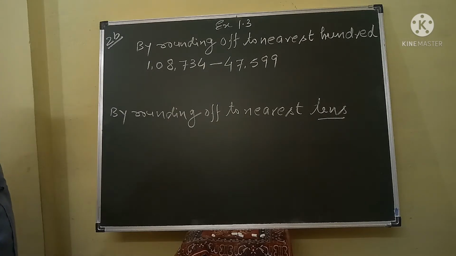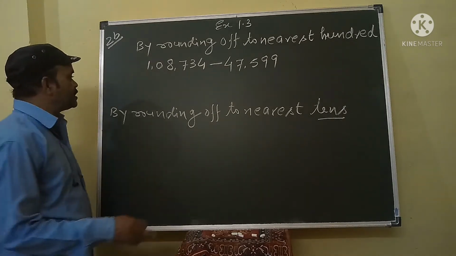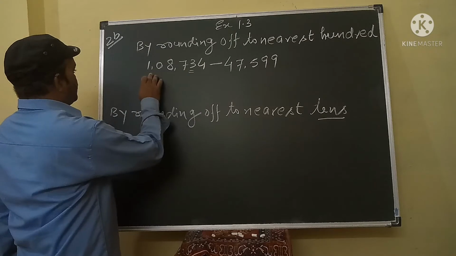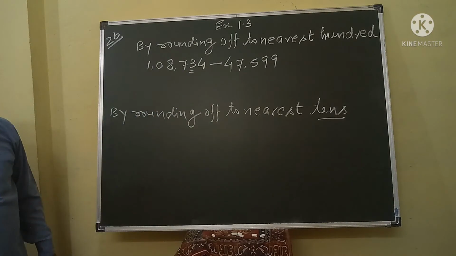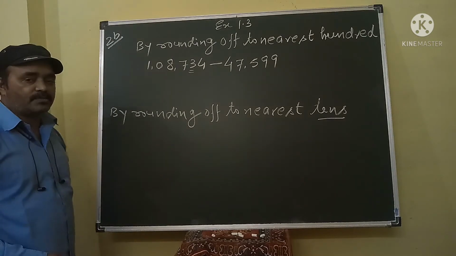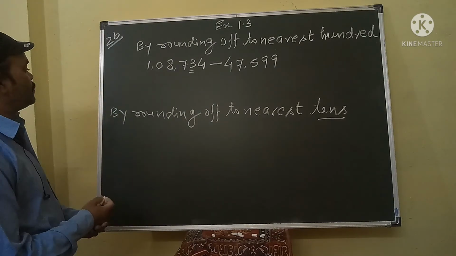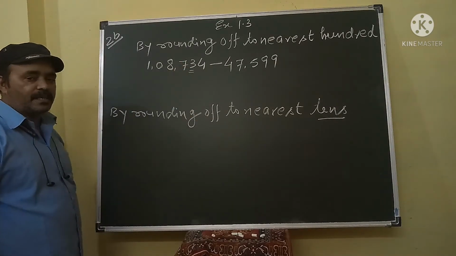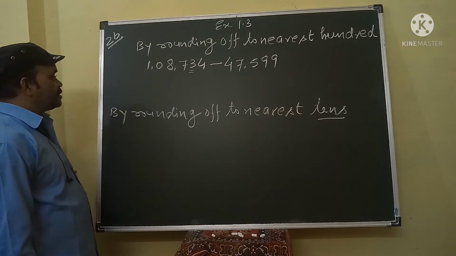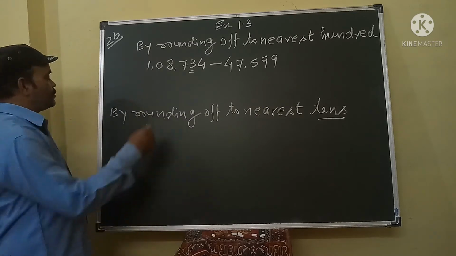For the nearest 100, you find the tens place value. In 1,08,734, the tens place value is 3, and 3 is less than 5.